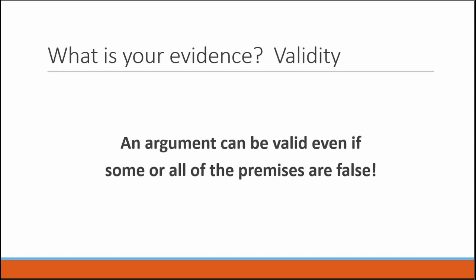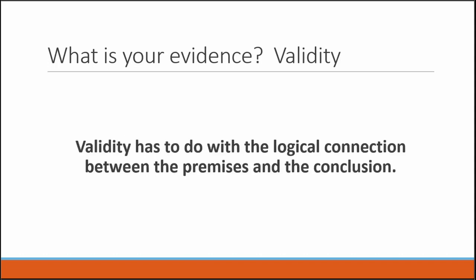Do you think you can explain why? Why is it that an argument could be valid but not sound, even if some or all of the premises were false? I'll explain it this way. Validity has to do with the logical connection between the premises and the conclusion.